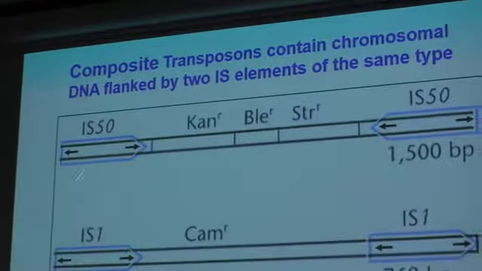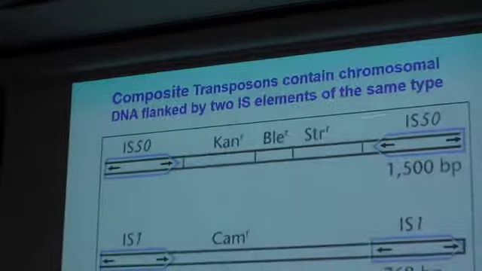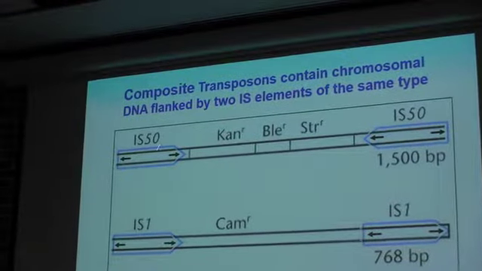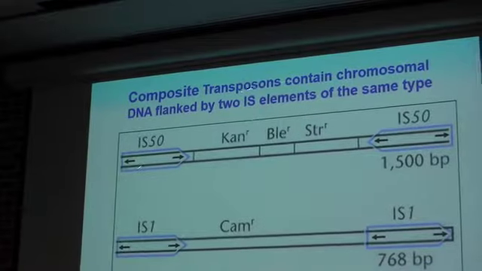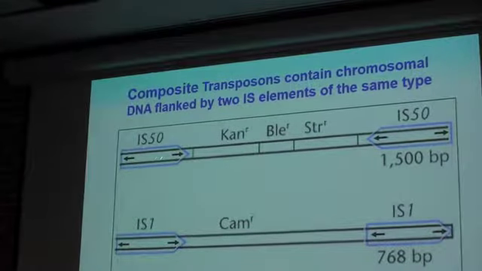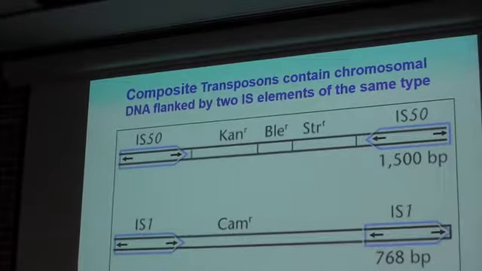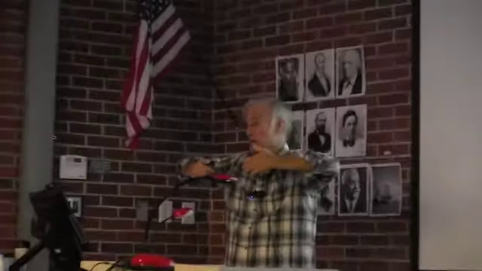So composite transposons have stuff in the middle of two copies of the same transposon. They are called arms. So this is IS50. There are 2 copies. The orientation of the arms doesn't matter. They could be inverted repeats of each other or direct repeats of each other.